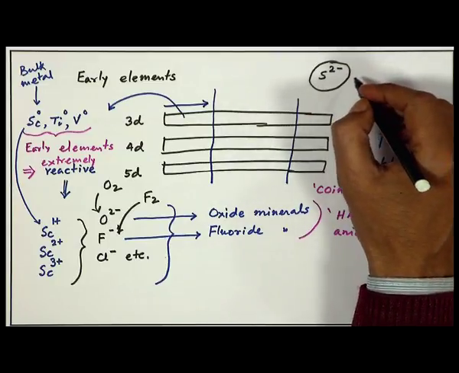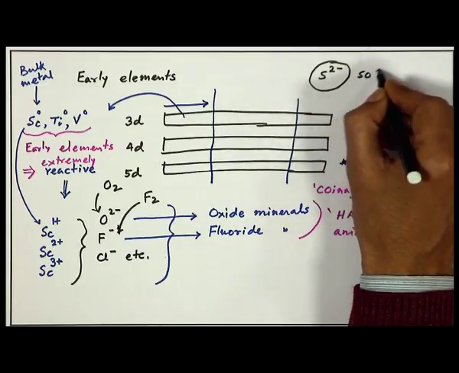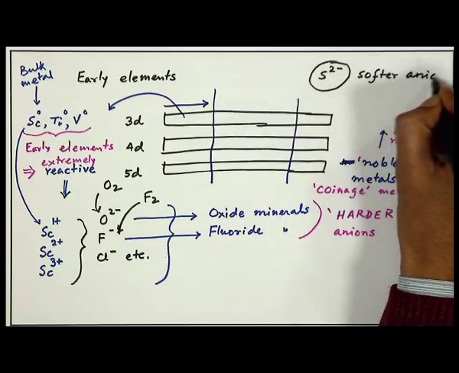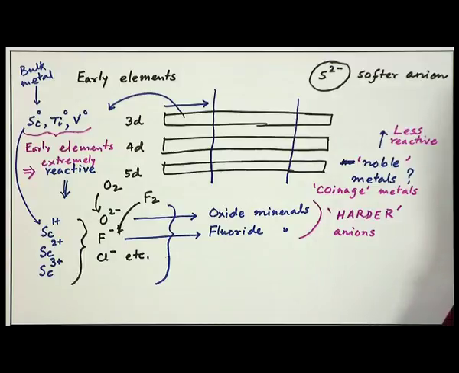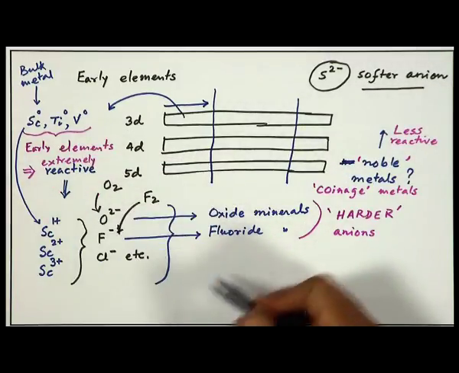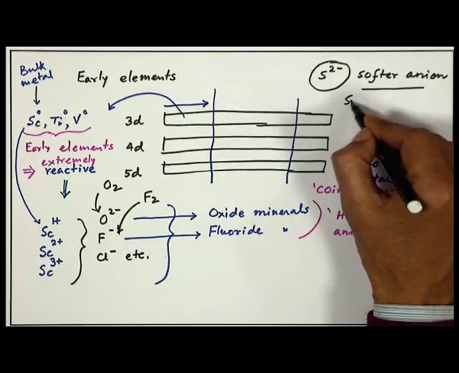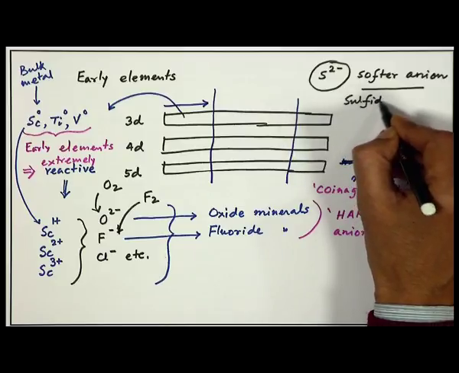So, basically a softer anion, if at all they react, will provide some material unlike your oxide minerals and fluoride minerals; they will end up as sulfide minerals.